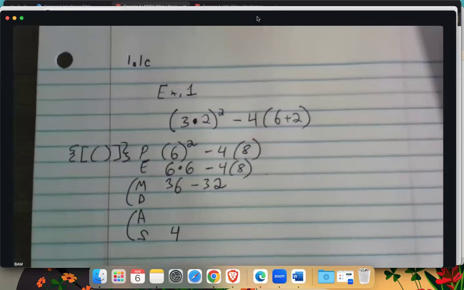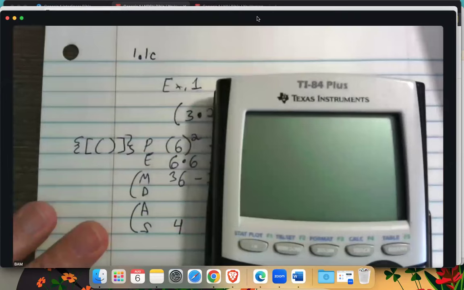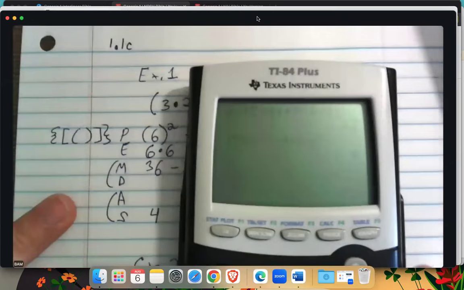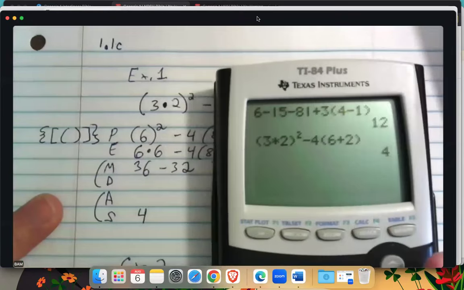So on a calculator, like a typical one we use in College Algebra, you can just type it in.